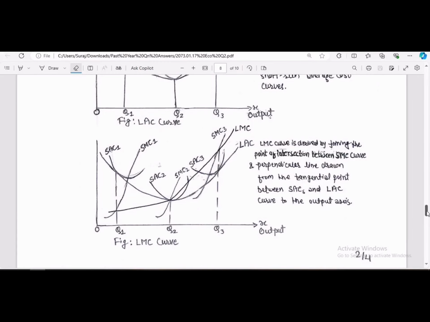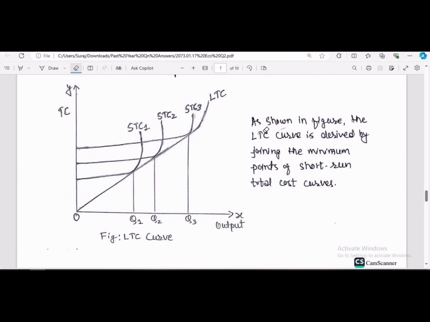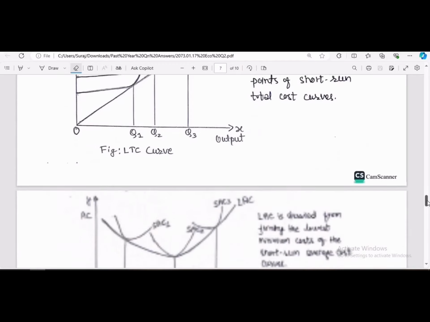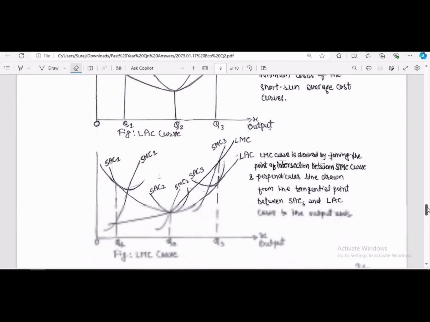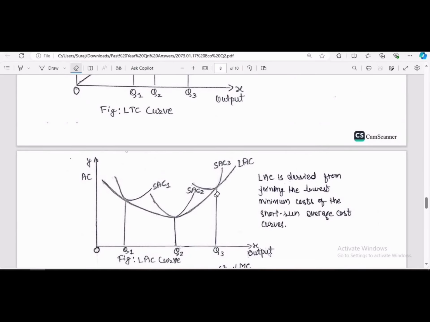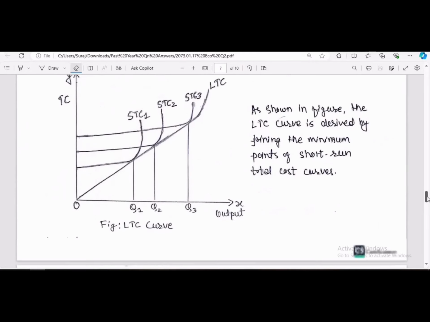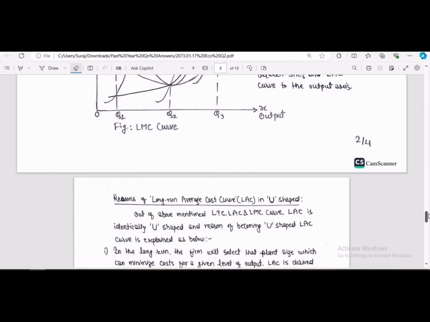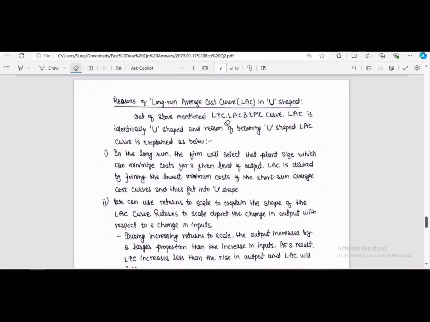Now we can see that the long run total cost curve is not U-shaped. Similarly the long run marginal cost curve is also not U-shaped, but we can see that only the long run average cost curve is in the shape of U. So to justify the answer we can write the reason of the long run average cost curve LAC being U-shaped.